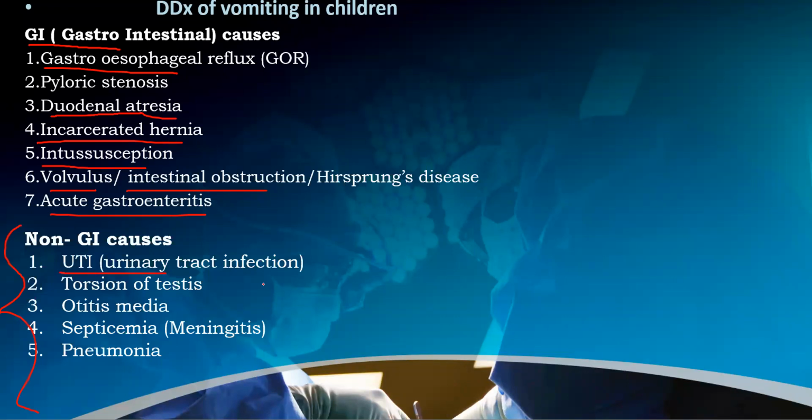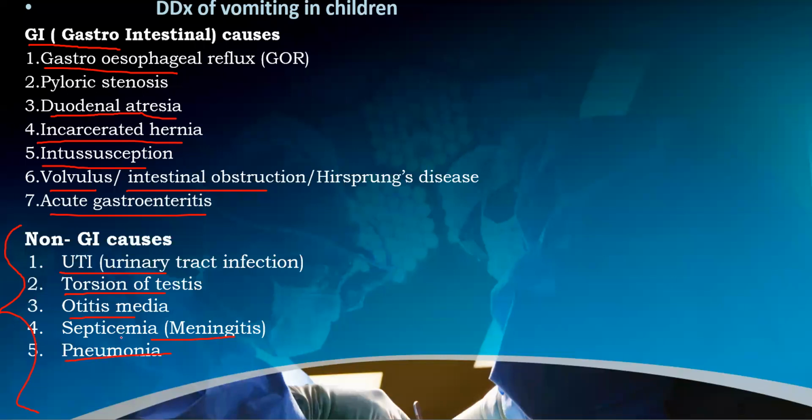Urinary tract infection can present with vomiting, testicular torsion can present with vomiting, and also any other infection like otitis media, septicemia or meningitis, pneumonia can also come with vomiting.